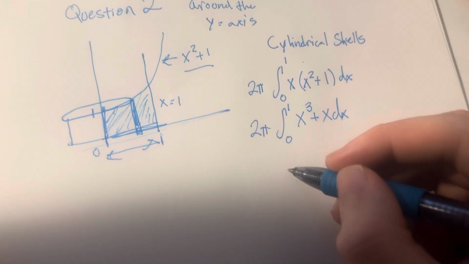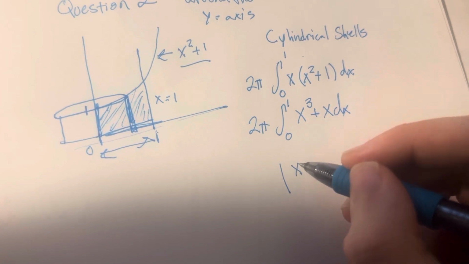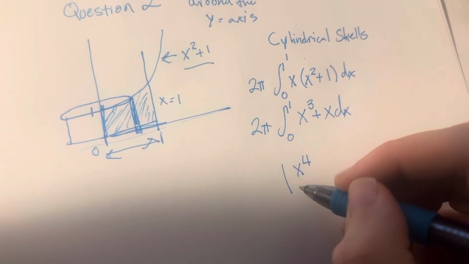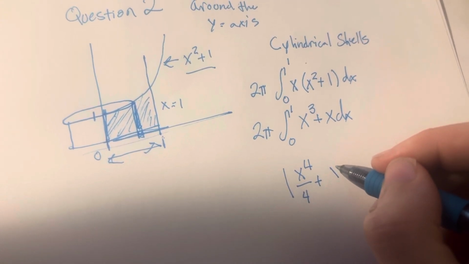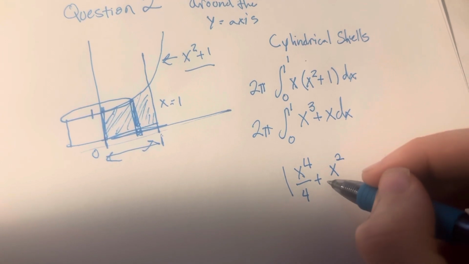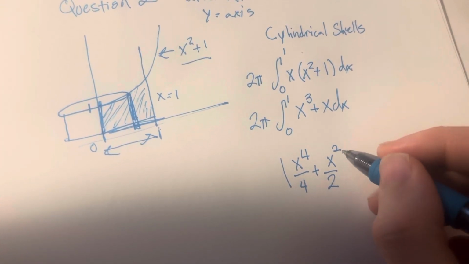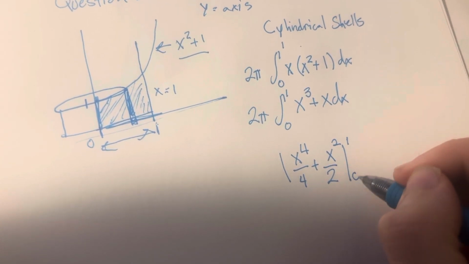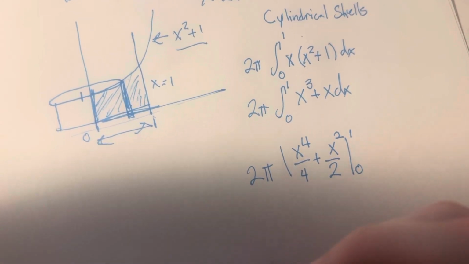We can solve this integral, and it's a simple integral. So it'd be x to the 4th divided by 4 plus x squared, not cubed, divided by 2. And our limit was 1 to 0. The entire thing would be multiplied by 2 pi. Can't forget our friend 2 pi.